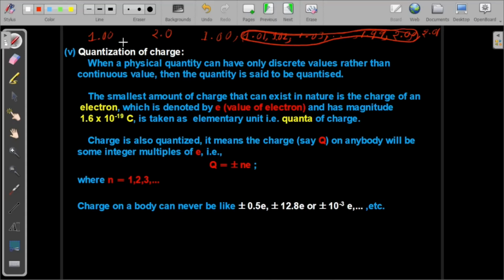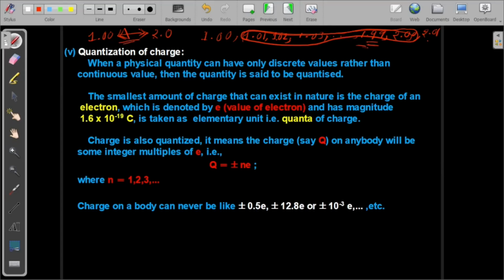This time we are not getting continuous values. Here 2 comes after 1 directly, right? Earlier, 2 came after 1.99, and that 1.99 came after 1.98, like that. Continuously the numbers were coming, right?